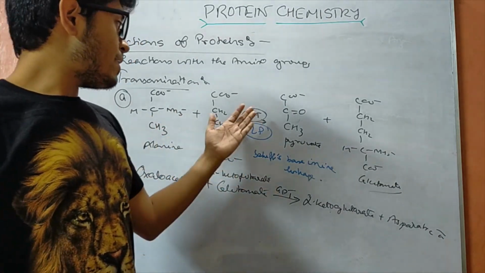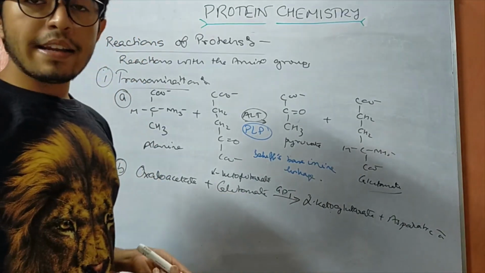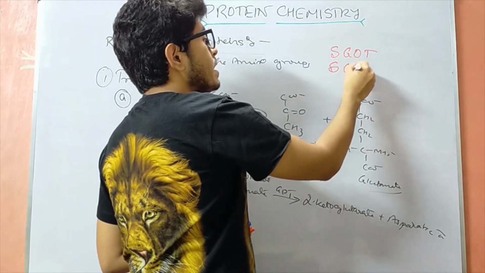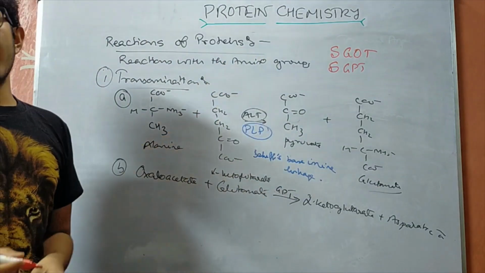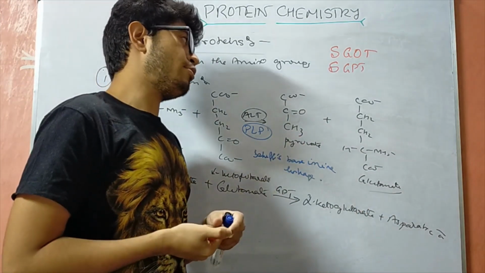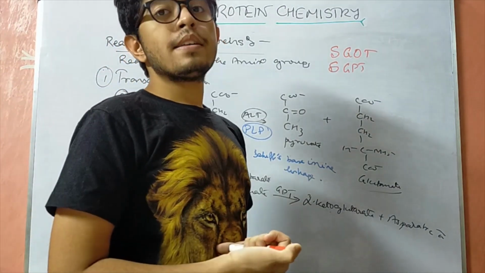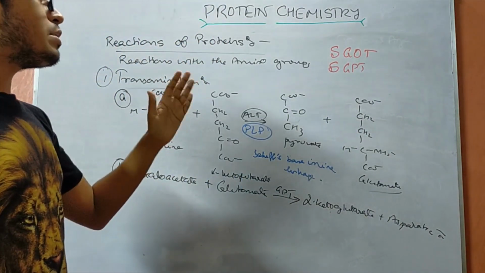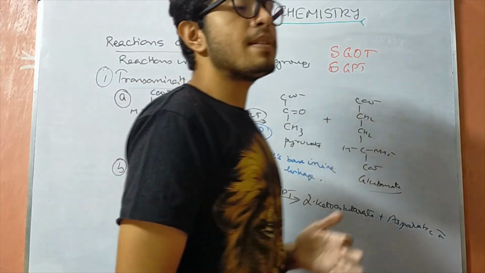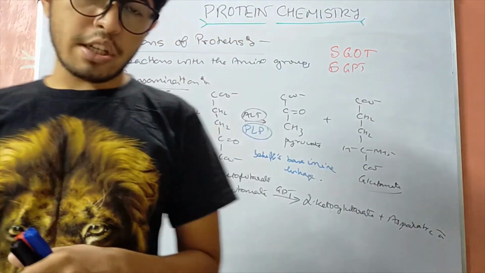The two enzymes inside the blood are classified as serum SGOT and serum SGPT, which are serum glutamate oxaloacetate transaminase and serum glutamate pyruvate transaminase. If these two enzymes are elevated in the blood, it indicates liver failure. Therefore, the transamination reaction is very important in our body because it is a biomarker for liver functioning.